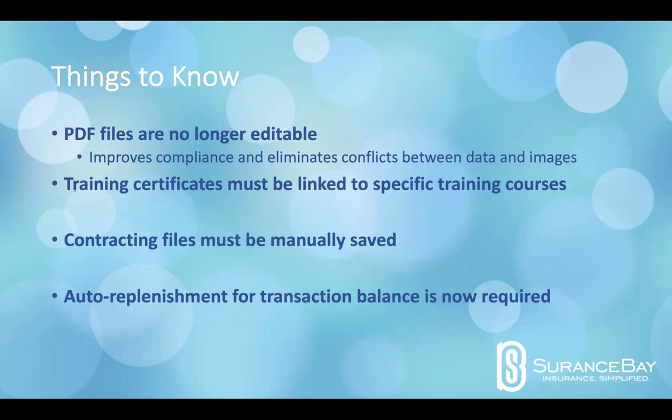And so that causes a compliance issue. And also it created conflicts for the carriers where we send them data and images. They would end up having data that didn't match what the PDFs had because the PDFs had been modified. So just to clean all that up and improve the compliance of the requests that are being submitted to the carriers, we had to remove the ability to make manual edits to PDF files.